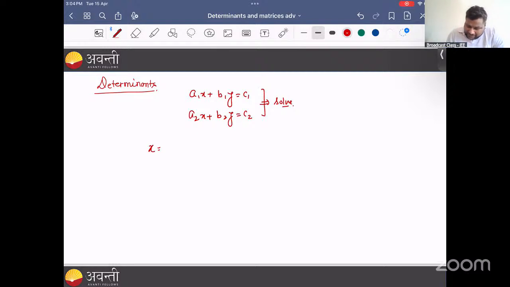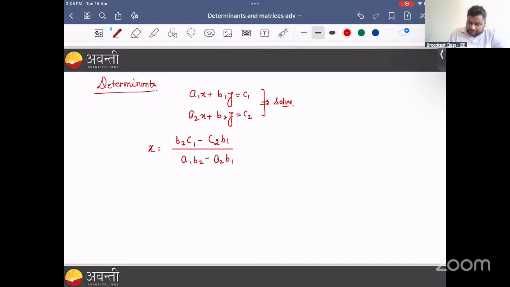So the value of x will be (B2 C1 minus C2 B1) upon (A1 B2 minus A2 B1).